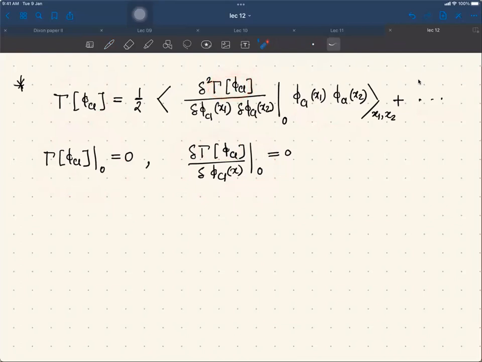In that case also you can write down these expressions, except that 0 corresponds to φ_CL 0, which corresponds to J equal to 0, but this doesn't have to be a constant. It can depend on the background.